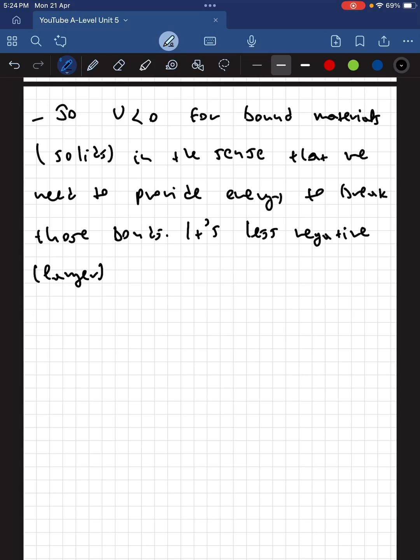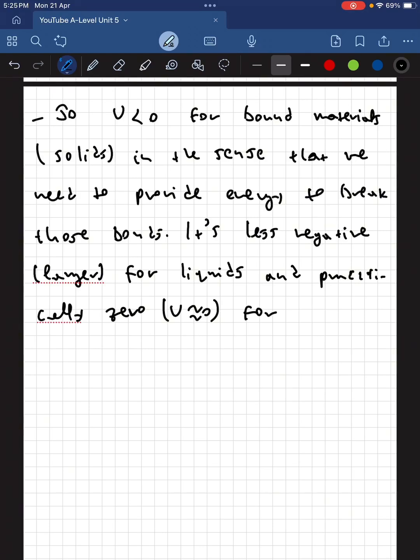So it's less negative, and therefore larger for liquids, okay, and practically 0, so V is approximately equal to 0 for gases, so it's the largest actually, okay? So gases have the largest electrostatic potential energy in the sense that it's 0, and 0 is larger than a negative number, okay? This is a point of confusion usually for students, but I hope this makes sense, and I'm going to move on, okay? And if something's wrong, guys, ask me in the comments.